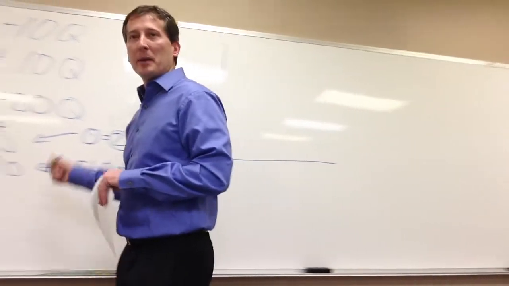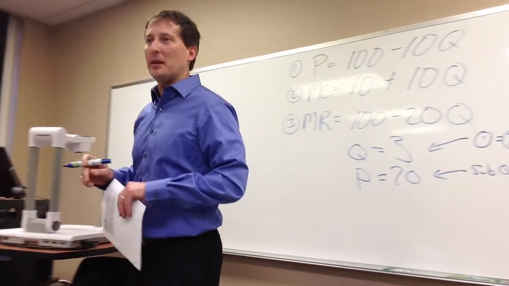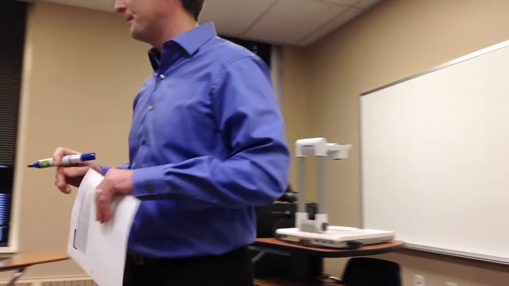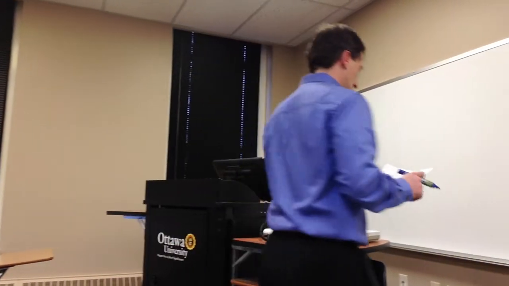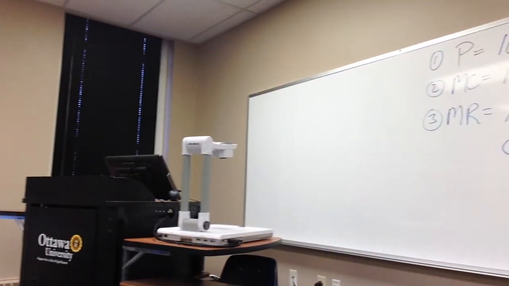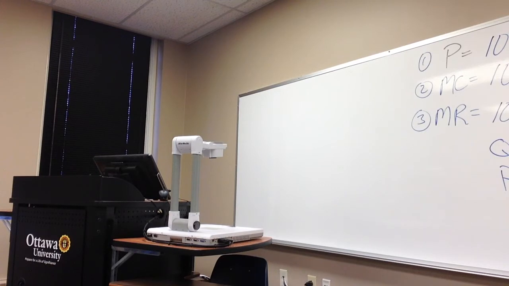To your picture. Everybody okay on Q equal 3? Q equal 70? All right. So you can draw a somewhat generic graph if you want, and kind of fill in the blanks.